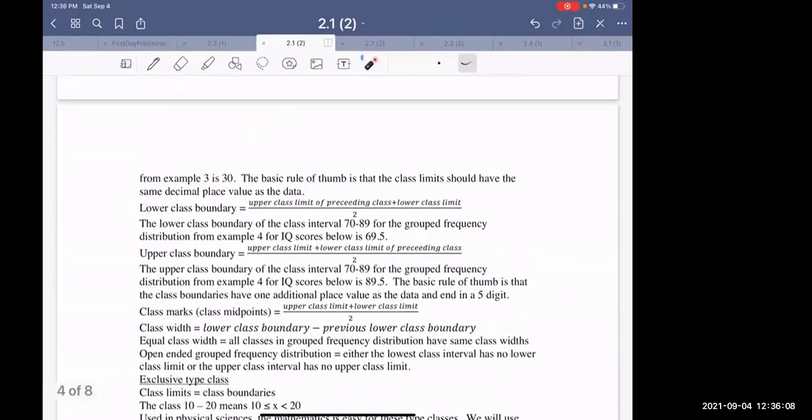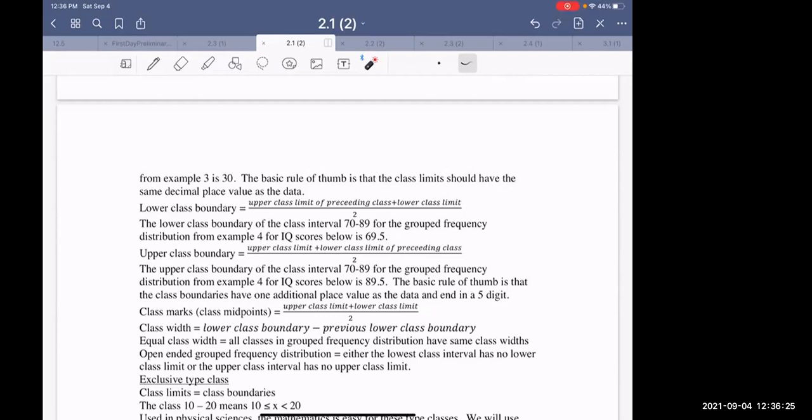The class boundary is the upper class limit of the preceding class plus the lower class limit, all divided by 2.